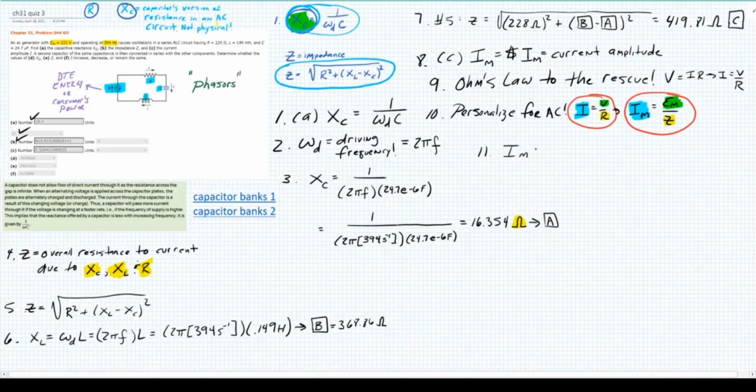The current amplitude is going to equal the EMF, which for me is 221 volts, the peak voltage supplied by my power provider, my turbine power generator, all over Z. And I just figured out Z. Z is sitting there in calculator memory location C. So what is 221 divided by alpha C? 0.526 amperes, and that can go into calculator memory location D.